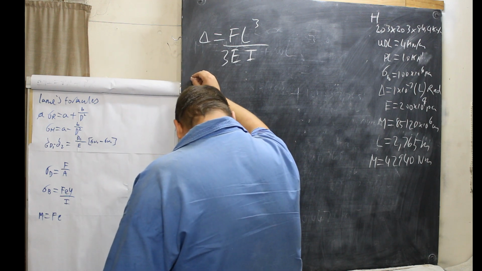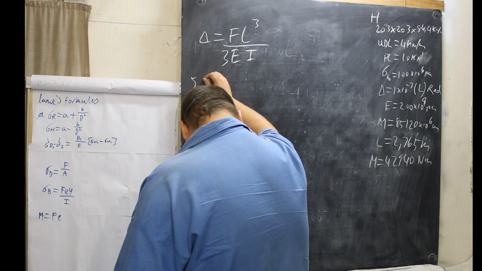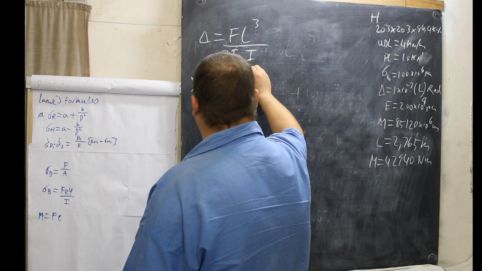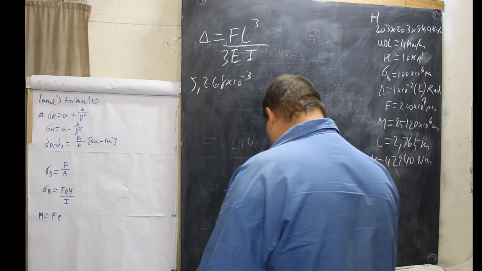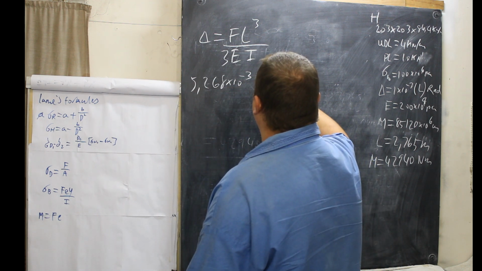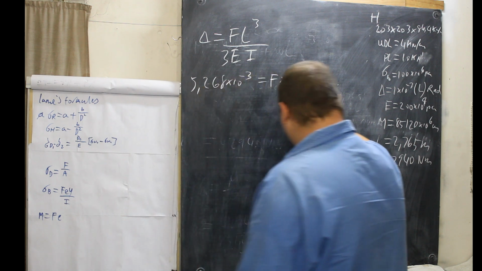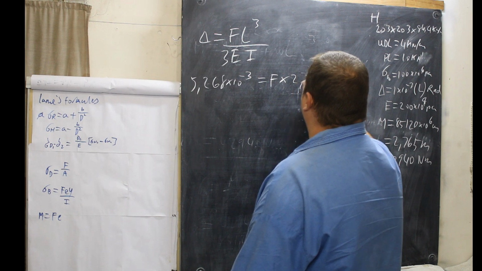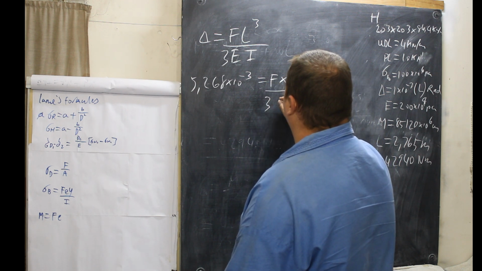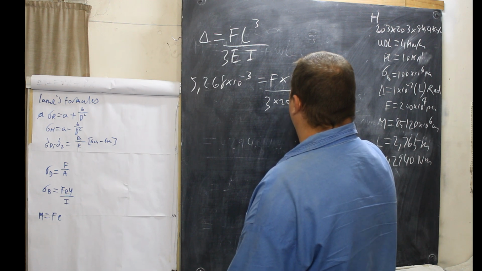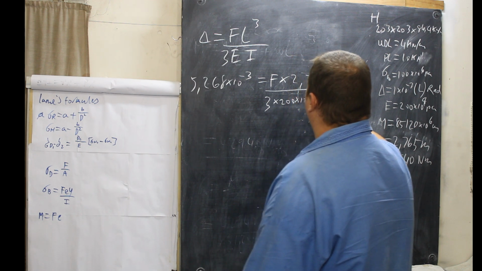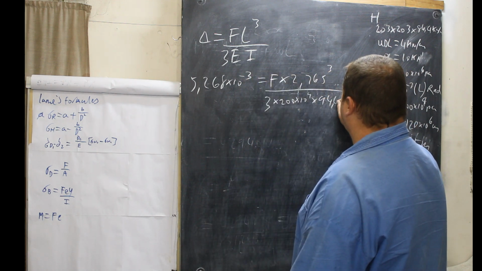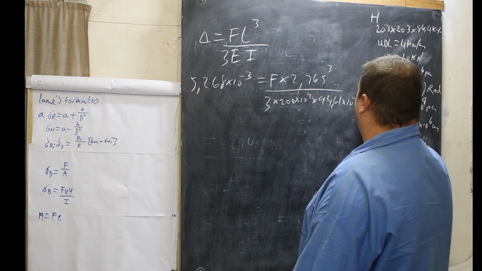So our deflection is 5,268 times 10 to the minus 3 equals F times 2,765 cubed all over 3 times 200 times 10 to the 9 times I, 94,61 times 10 to the minus 6.